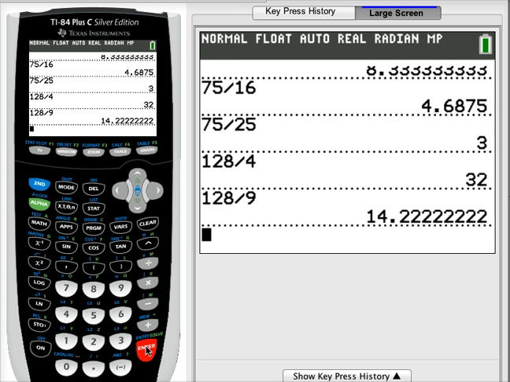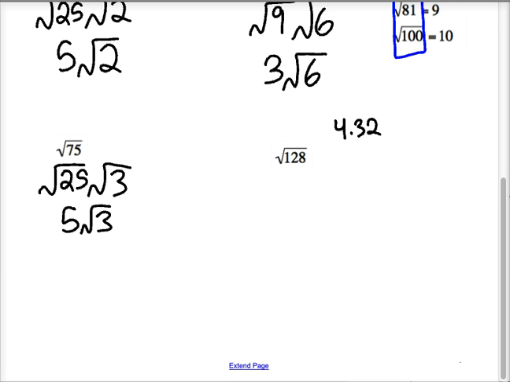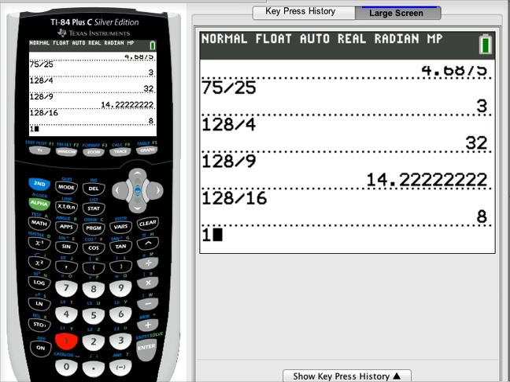Divided by 9, nope. Divided by 16, nope. Or wait, I'm sorry, 16 did work. So 16 times 8. Well, let's just keep looking, because there may even be a bigger one that still works.